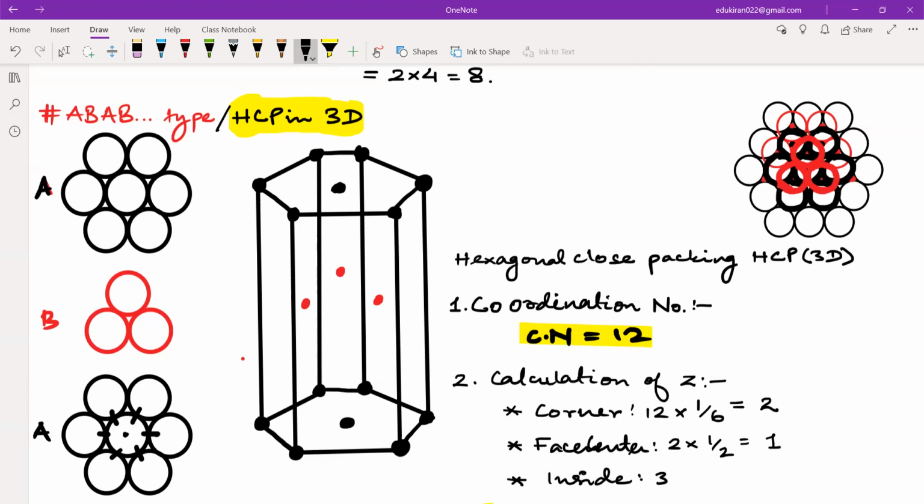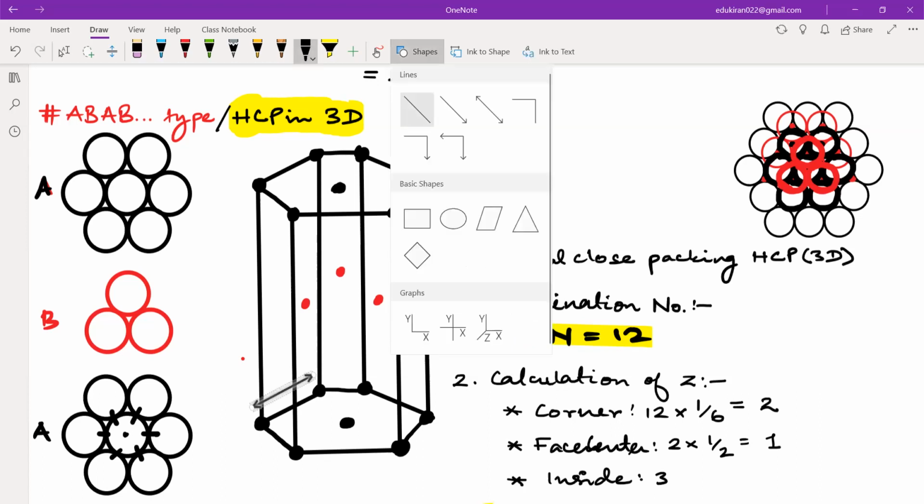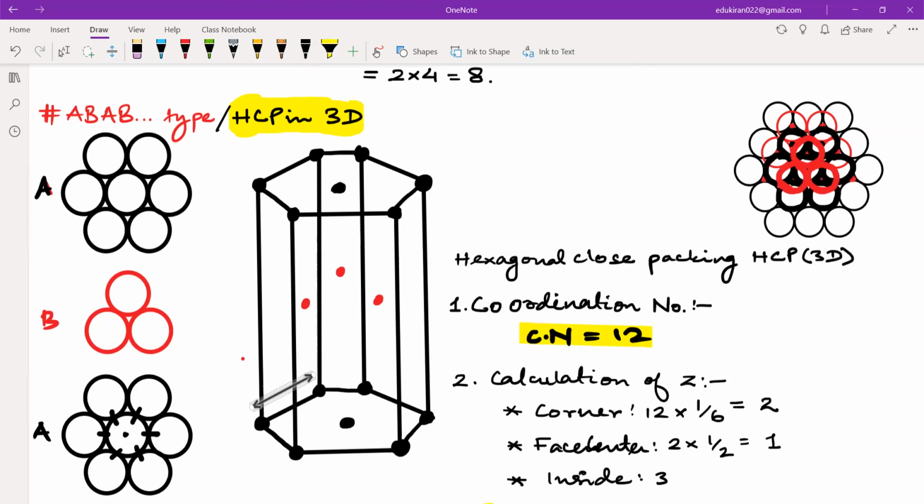This unit cell has some dimensions. In a cube we had only 1 dimension, but in this unit cell we have some dimensions, and these dimensions are, first of all, see, you have this 1 dimension. Okay, this is one of the dimensions. Then you have another dimension which is here like this.